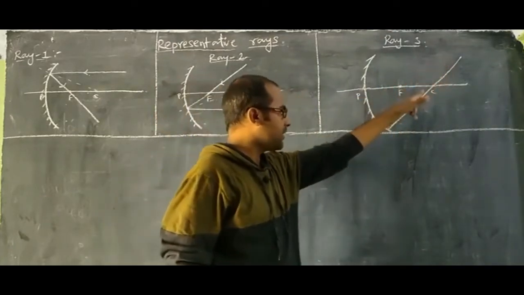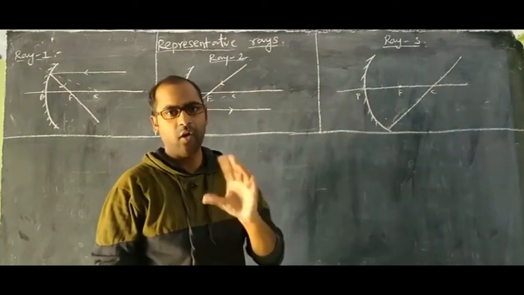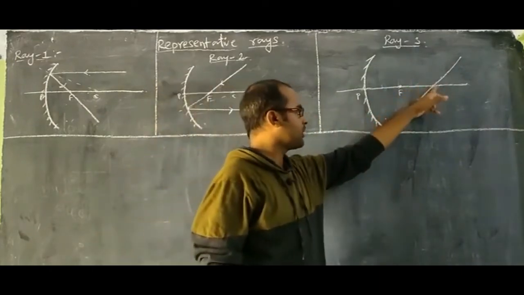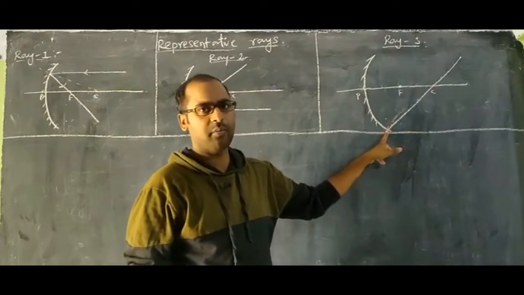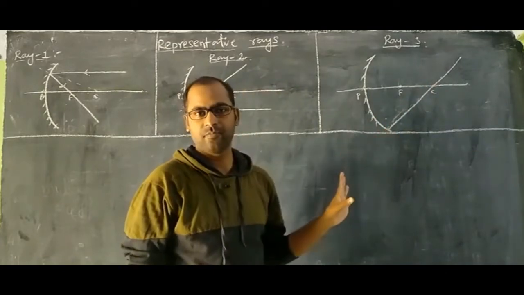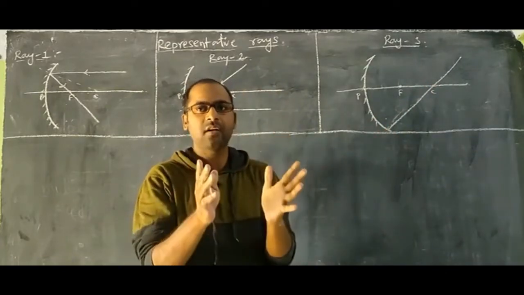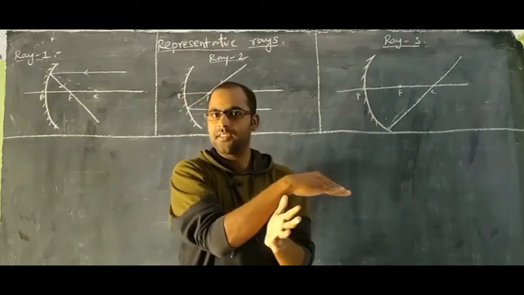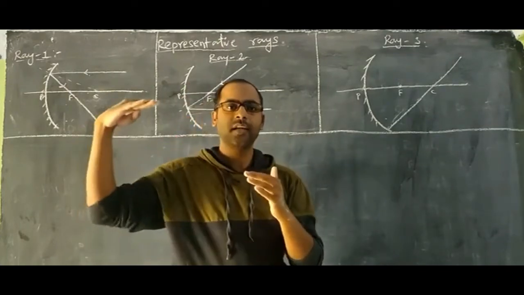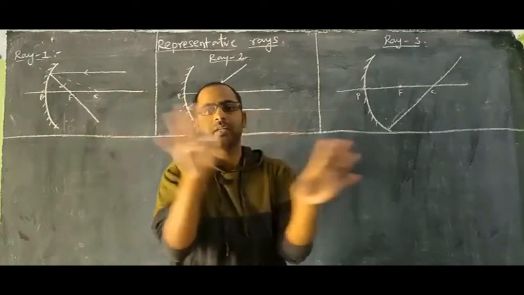Now the ray is passing along the normal, that means along the line from the center of curvature to a point on the mirror. It doesn't deviate. The rays which are passing along the principal axis and the rays which are passing along the normals do not deviate.